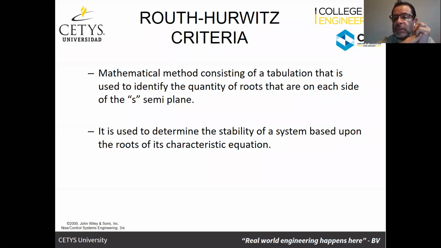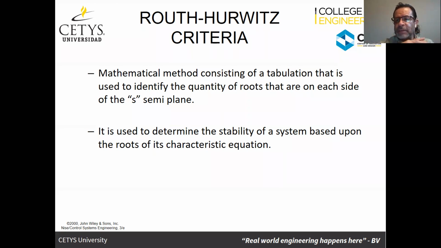The previous session, we had started talking about the Routh-Hurwitz criteria. The Routh-Hurwitz criteria is a mathematical method, just to give a refresher. It comprises what's called a Routh table, which is a special kind of tabulation, and the Hurwitz criteria.